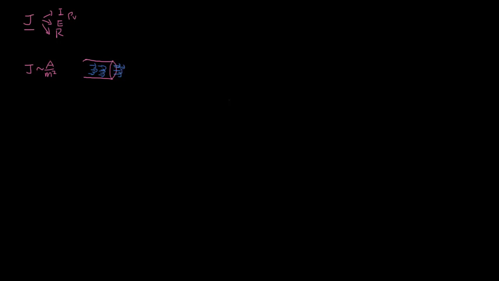In this case, our ds is going to be in this direction, and this is going to be our cross-sectional surface area, and we can describe the current that's going through the surface through the current density, J. And when we want to relate that to the current, we can see that the total amount of current flowing through this wire will be the surface integral of our current density with the dot product of this ds vector.